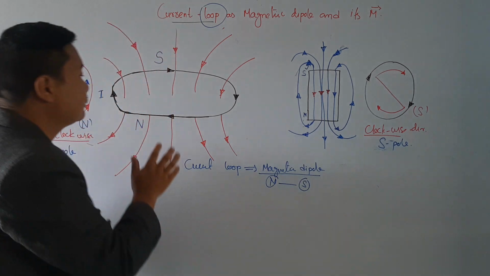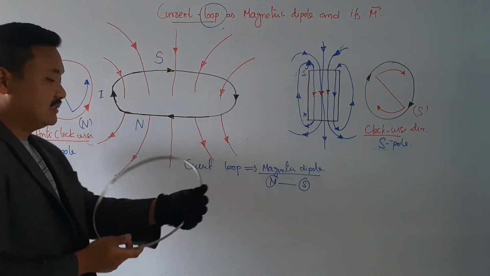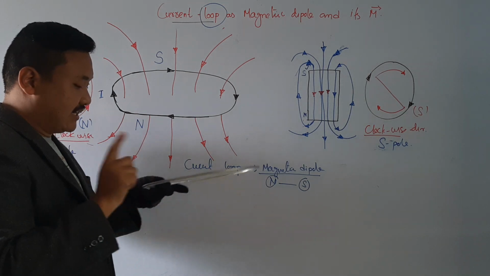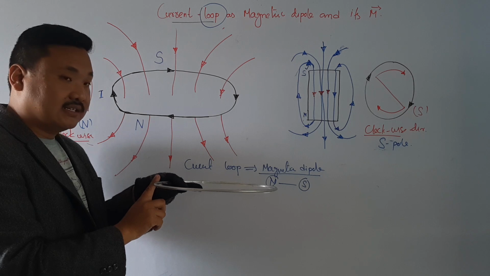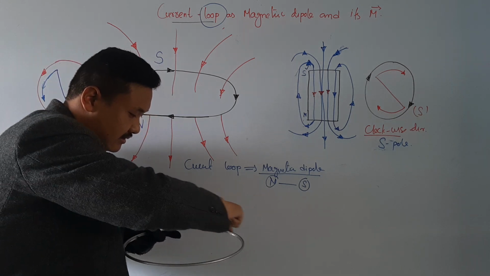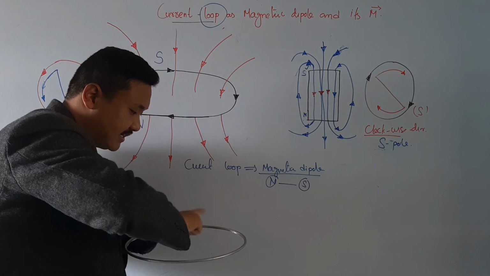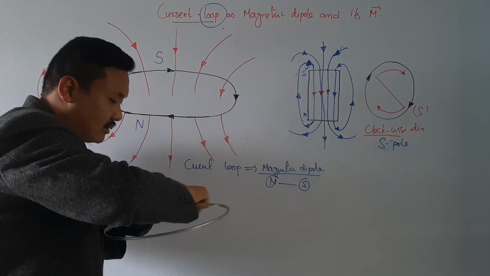Okay. Now if you see here with these two diagrams, now it is like this. At this point, the direction of current is going inside, isn't it? Now whenever I look at it from above, it is going in this direction. Which direction is this? Clockwise direction.